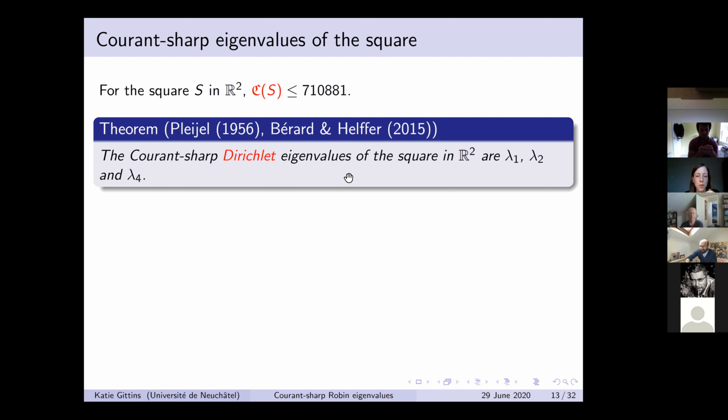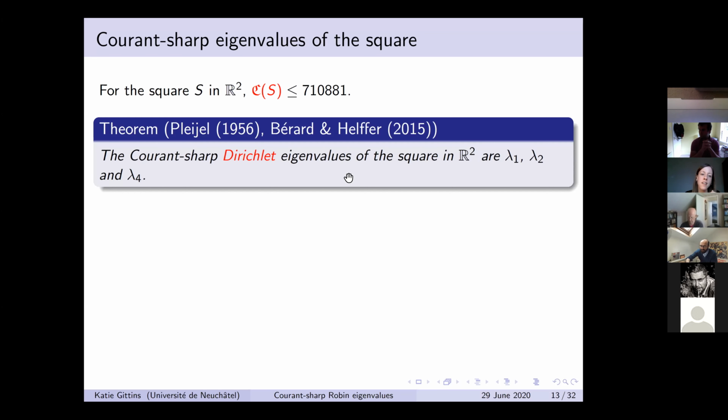There's also been computations for the disk with Dirichlet, balls, the cube, tori, triangles, and very recently the Mobius strip as well. In the case of Neumann, there's been computations for the disk and for balls.